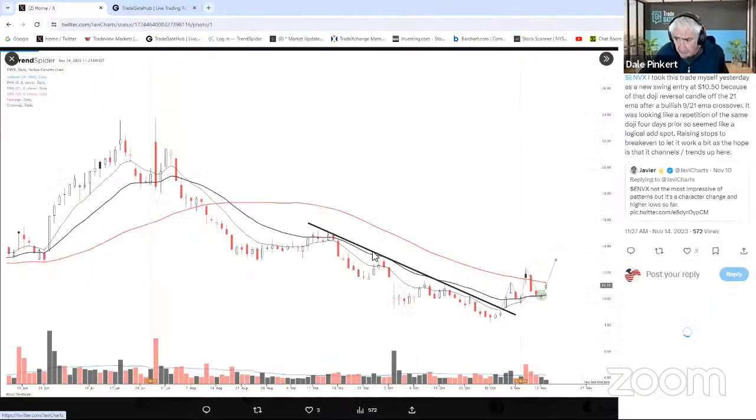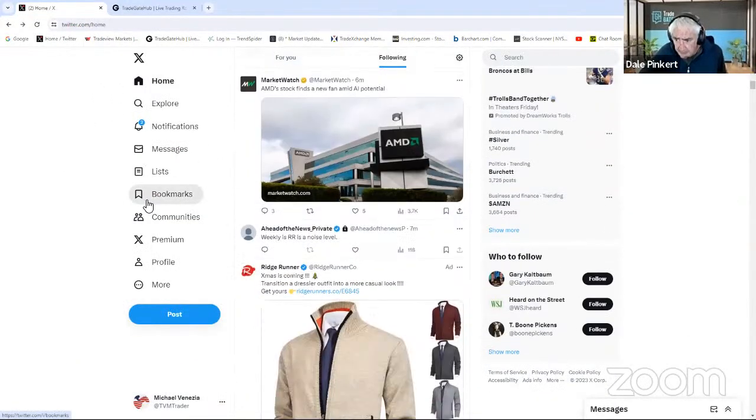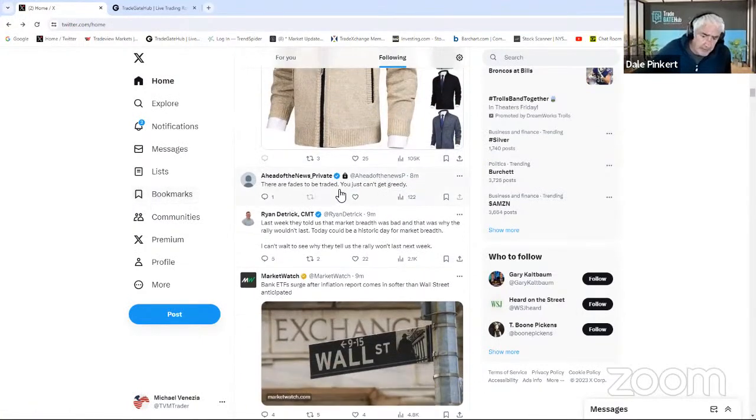So I think that what you're doing is just trading price, and that's what most people should do. Anyone could talk about macro with a cocktail in their hand. It doesn't mean they can make money, right?